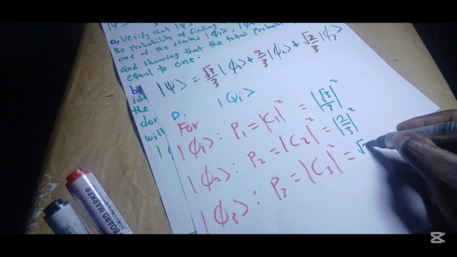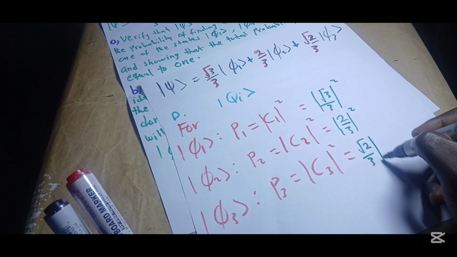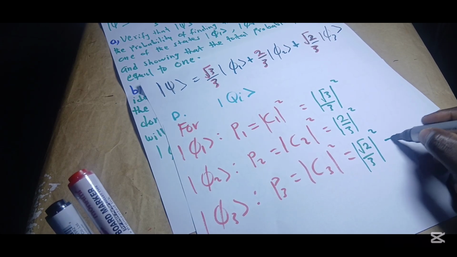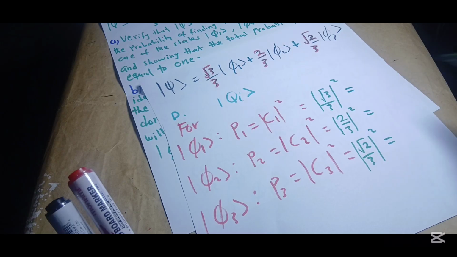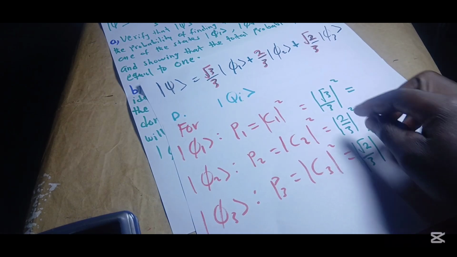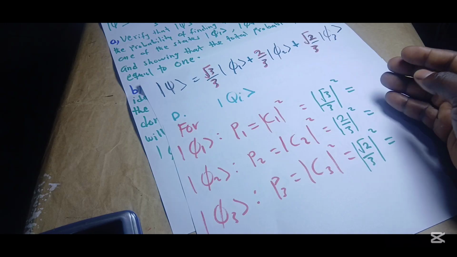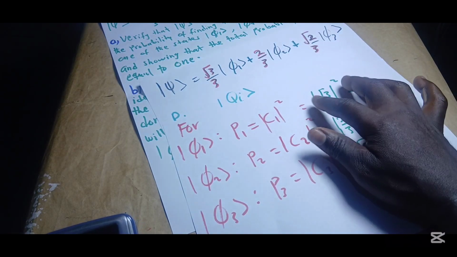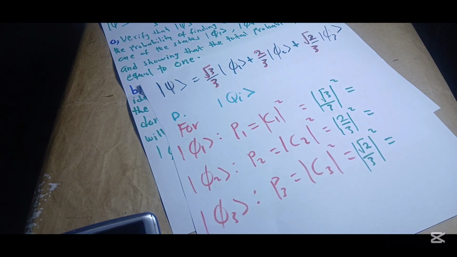Square root of 2 over 3, absolute squared. So the absolute sign is telling you to just square whatever is here, and whether the answer you get is negative, you are going to take the positive part.